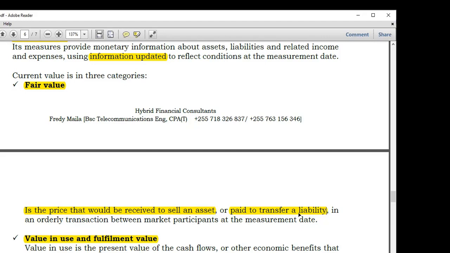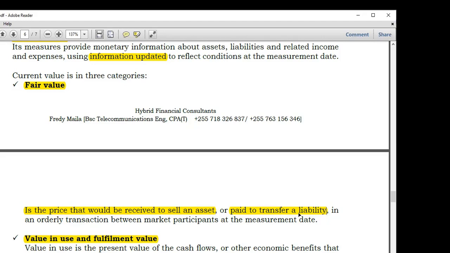Maybe you have entered into an arrangement where, if you go and pay someone, you pay $10 million. But maybe there can be an arrangement where you pay someone else and that someone else assumes that responsibility. Maybe the bank may give fairer terms, because the bank wouldn't just allow you to transfer the liability.